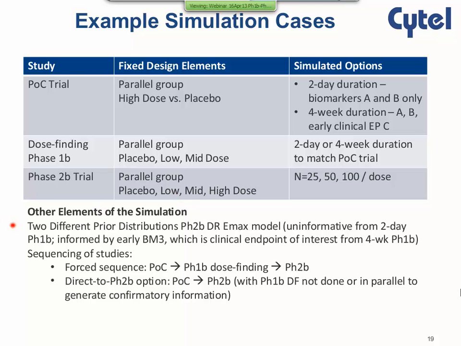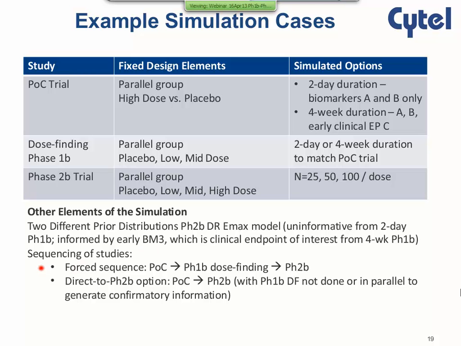Then other elements of the simulation were that we had 2 different prior distributions that were considered. There's an uninformative prior if we have the 2-day duration option for the early phase trials, and we have an informative prior if we get the early biomarker result from the 4-week phase 1B trials.